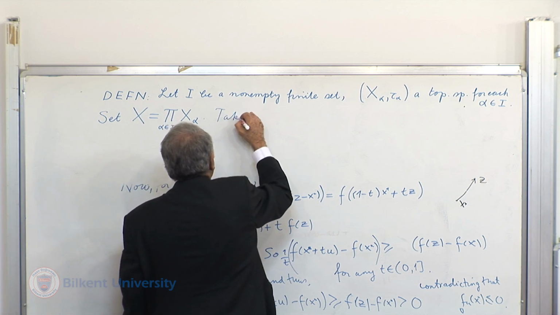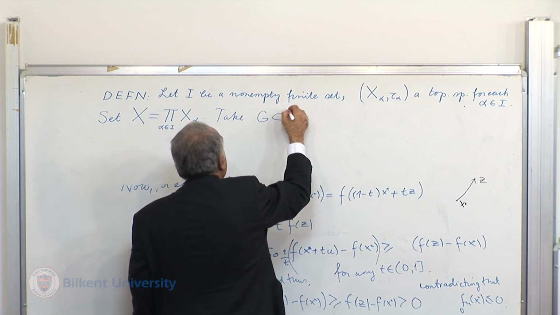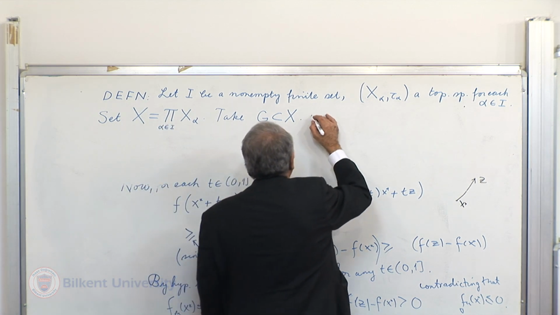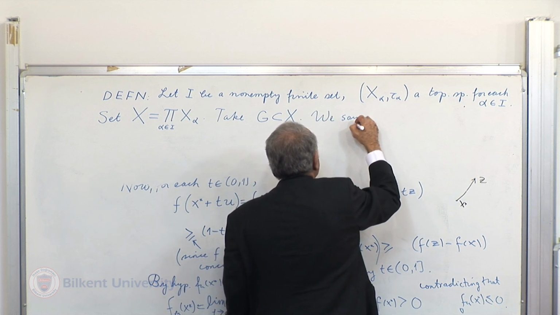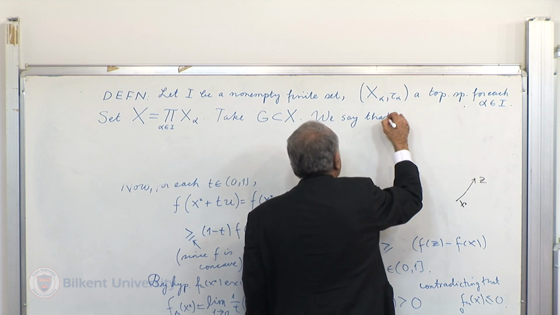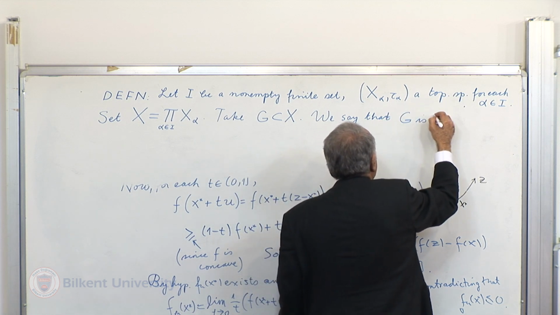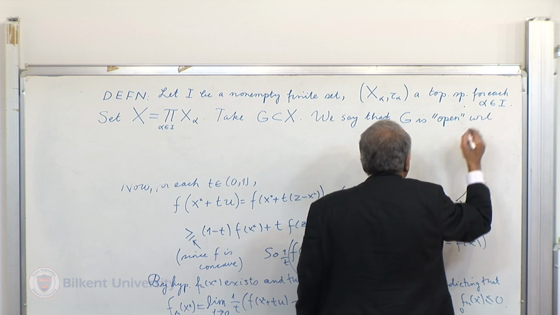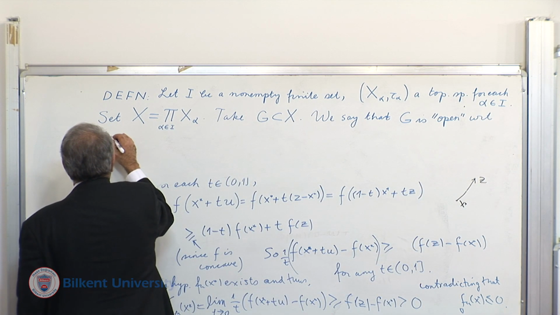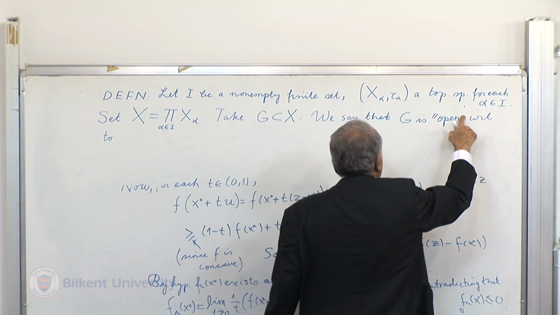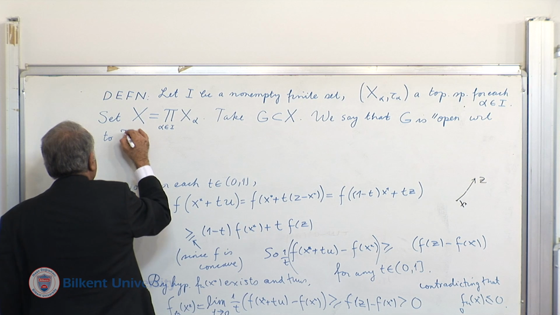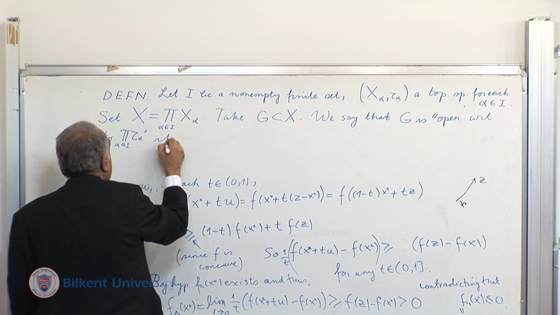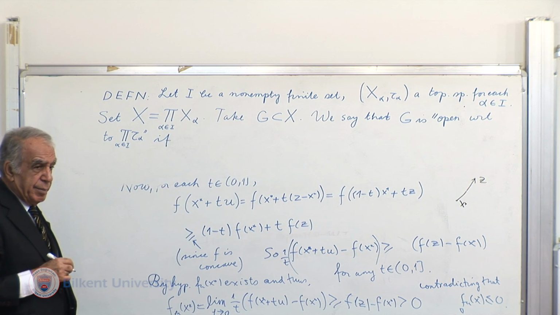Take G in cap X. We say that G is open, quote unquote, with respect to the, well, let me take everything in quotation marks, with respect to, this is just a symbol now, alpha in I, if the following happens.